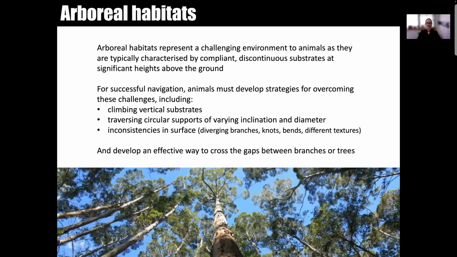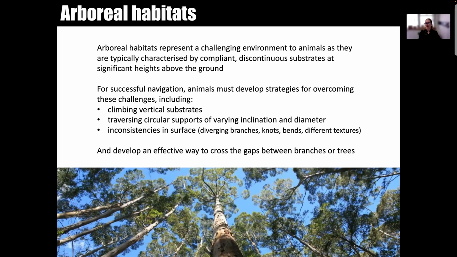So moving away now from hopping and talking about arboreal locomotion in marsupials. Arboreal habitats represent quite a challenging environment to any animal. They're typically characterised by discontinuous substrates at a significant height. So for successful navigation, animals need to develop strategies for overcoming these challenges, and these can include things like climbing vertical substrates or traversing circular supports that might have varying inclinations and varying thicknesses.